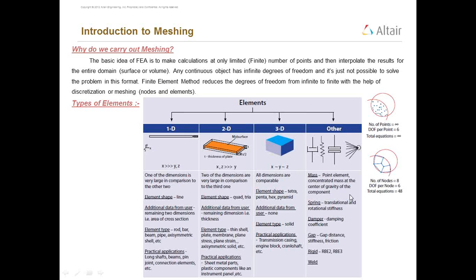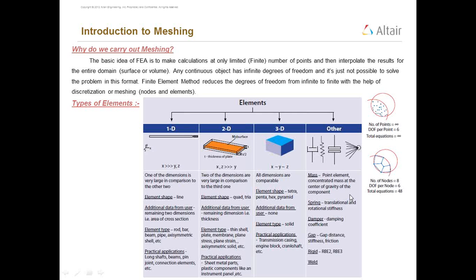The element types available for 1D are rod, bar, beam, pipe, axisymmetric shell, etc. And practical applications are long shaft, beam, pin joints, connection elements, etc.